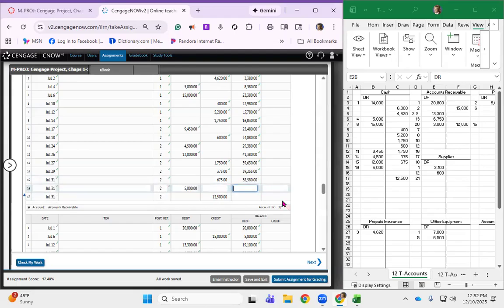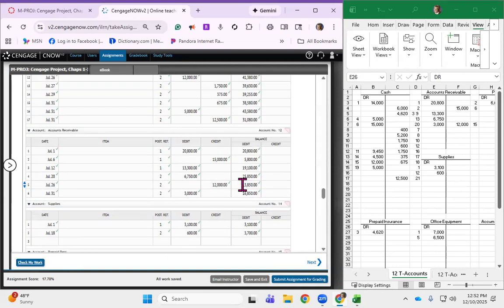All right. And then we want to add 5,000 to that, 43,580, and then subtract for the dividends that we paid. I got $31,080. Okay, let's check our work now. Okay, I think we did okay there. So we're back in business for cash.